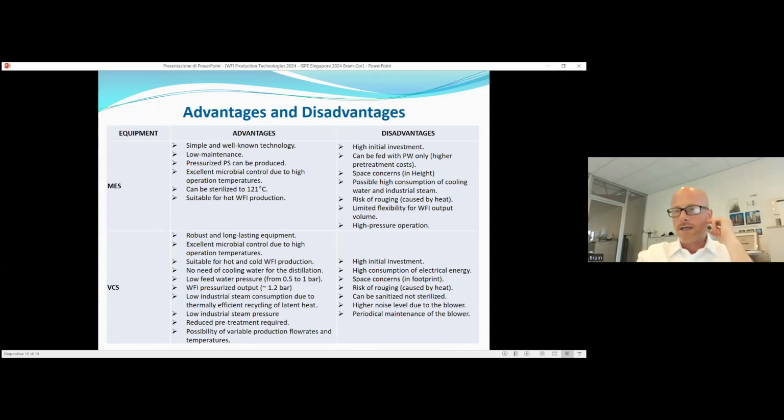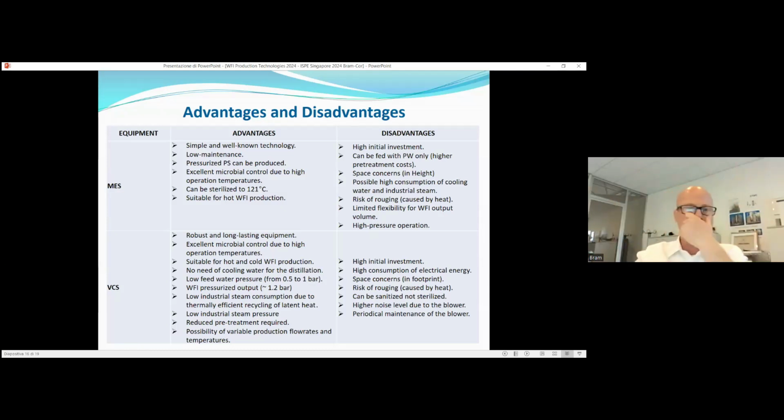For the distiller, which are the advantages and the disadvantages? The multiple effect distiller, as we said, is a simple and very well known technology. From the first column, being a pressurized machine, it is possible to obtain dry pure steam in pressure. So the same machine can be a distiller, but also a pure steam generator, again, under certain conditions.